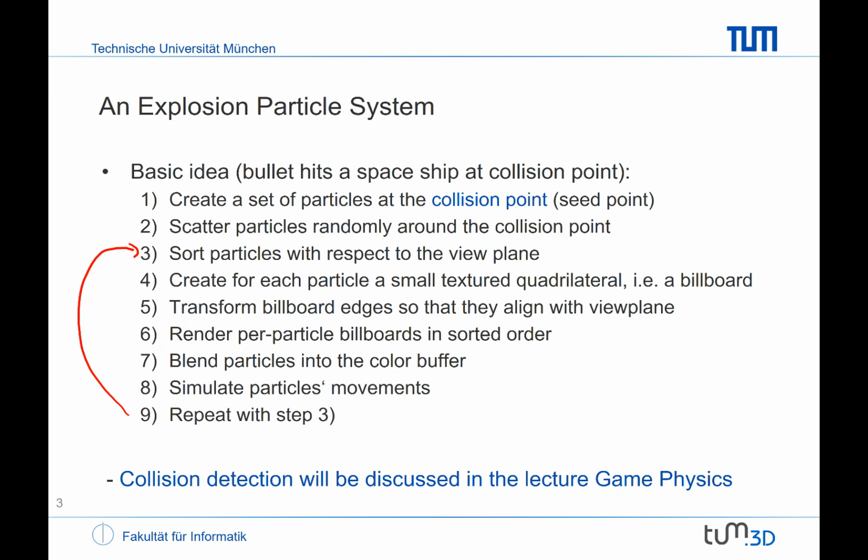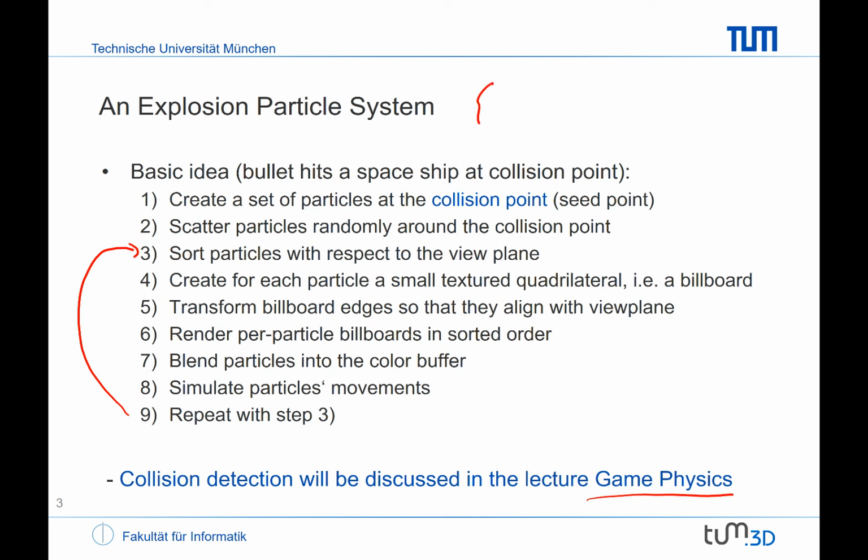We will not talk about how to find the collision point in an efficient way. Collision detection algorithms will be discussed in the lecture Game Physics by Niels Thierry. For now, maybe just a hint to a very simple approach to obtain a very efficient collision detection algorithm for the particular situation we consider here, where a particle and a spaceship should be collided with each other.